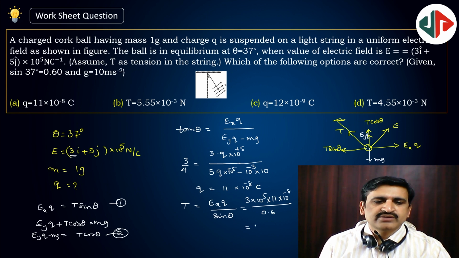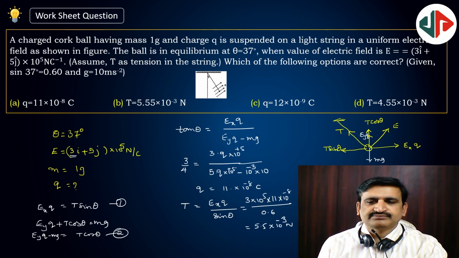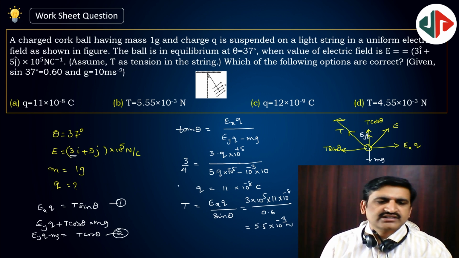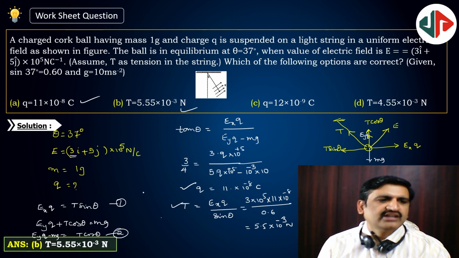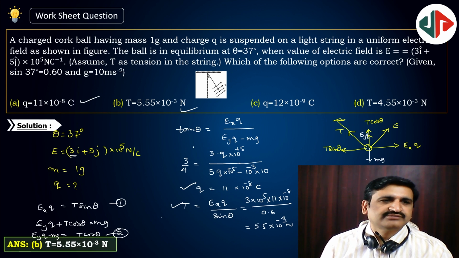So this is going to become 5.5 into 10 to the power of minus 3 newtons. Now, so here two options are correct. Charge we got correct, T we got correct. Both are correct options. So he gave only one. Actually Q also correct. Maybe it's a multi-correct answer question.